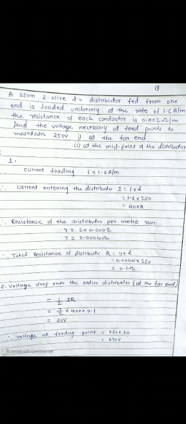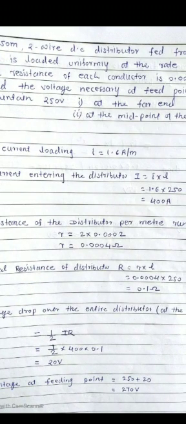In the problem they have given the current loading, that is small i, equal to 1.6 ampere per meter. They have also given the resistance of each conductor as 0.0002 ohm per meter, and the feeding point voltage, that is 250 volt.